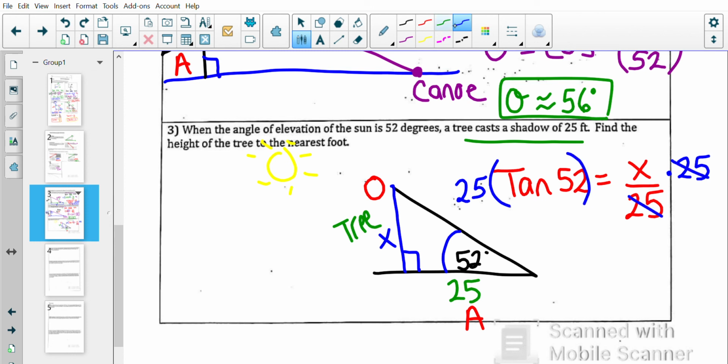And we are going to get x is equal to 25 times the tangent of 52. So in your calculators, you are pressing 25, multiplication button, tan 52, enter. And you're going to get x is approximately 32.